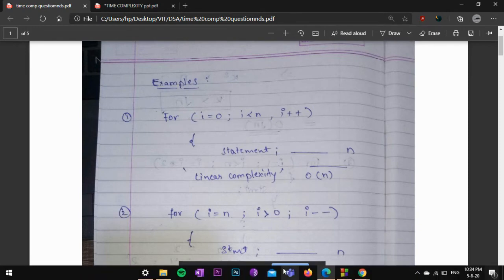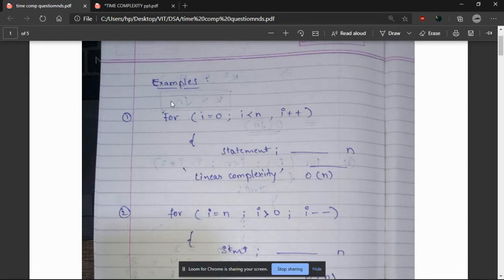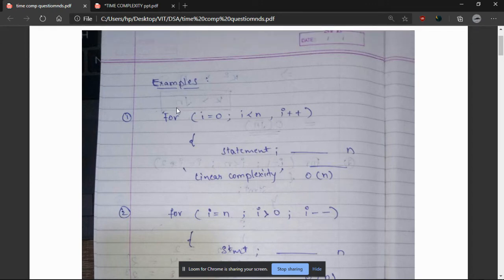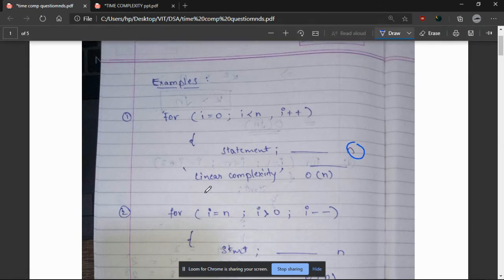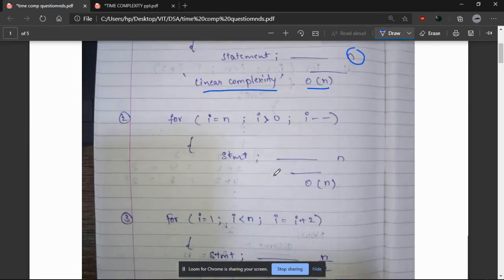So we'll start with example 1. Example 1 is for loop i equals 0, i less than n, i plus plus statement, and it will give the execution time n. We take n. So big O of n, simple, straightforward, linear complexity.